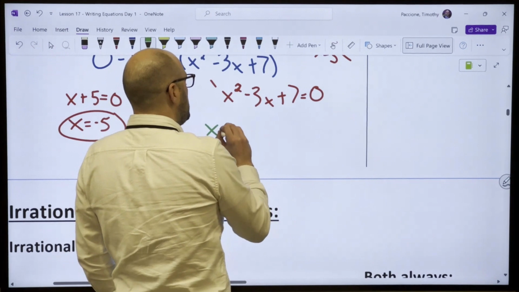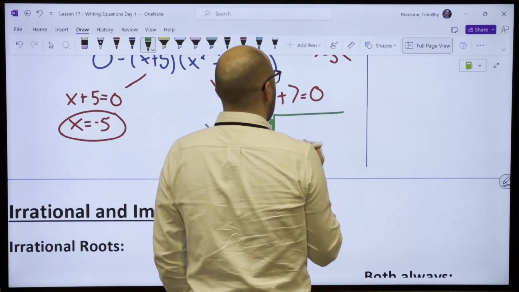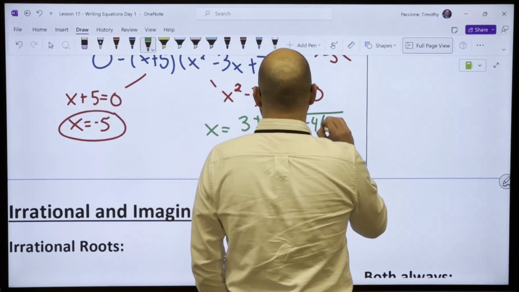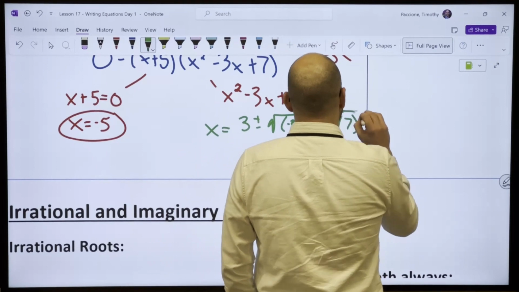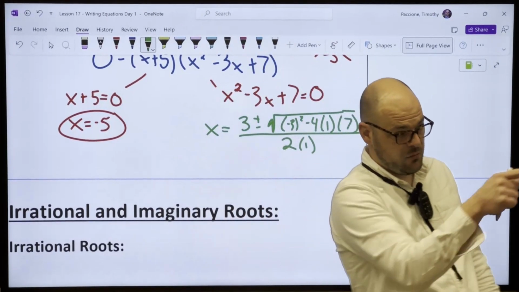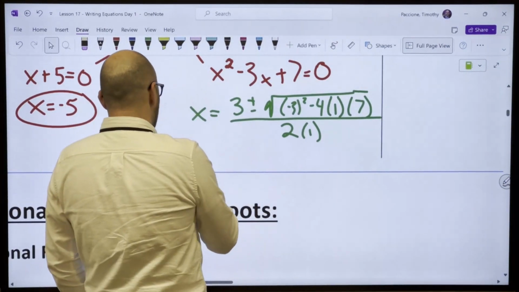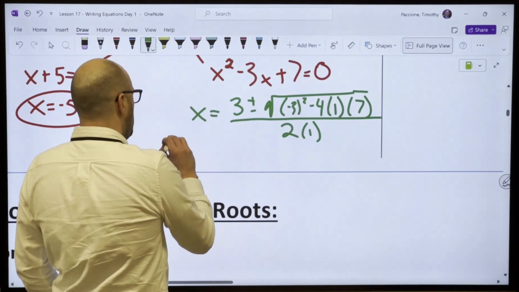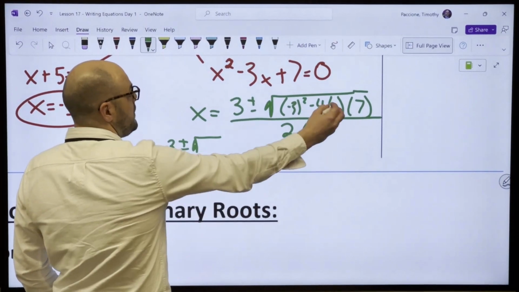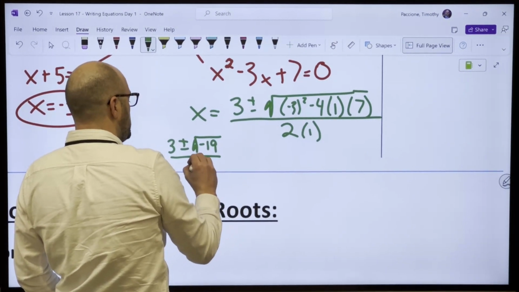You go x equals negative b, so 3 plus or minus the square root of negative 3 squared minus 4 times 1 times 7 all over 2 times 1. And you don't need to memorize that. Formula's right there, right? You plug in your a, b, and c. What you end up with is x equals 3 plus or minus the square root of, all of that becomes negative 19, and then 2 times 1 is 2.